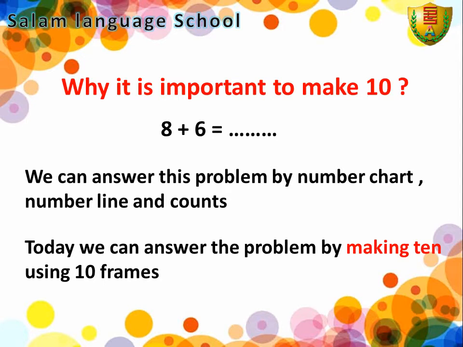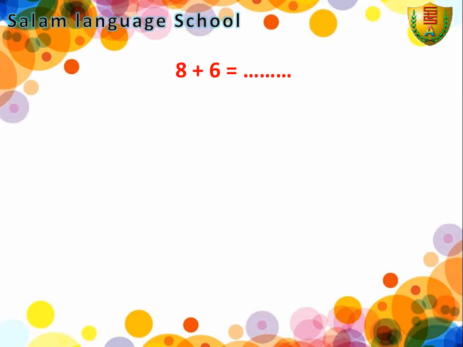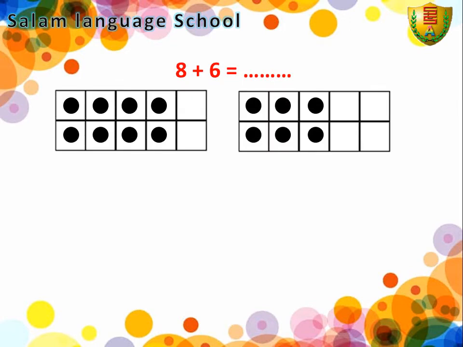Why is it important to make 10? 8 plus 6. We can answer this problem by number chart, number line, and counters. We can also answer the problem by making 10 using the 10 frames strategy. 8 plus 6.